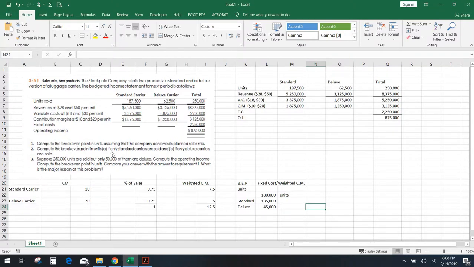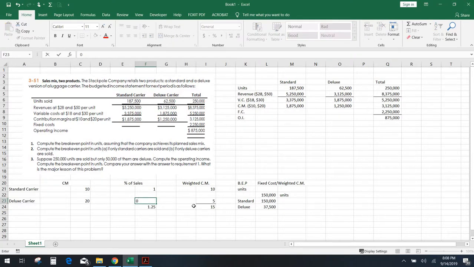It says compute the break-even point if only standard carriers were sold, and if only deluxe carriers were sold. So all we have to do for that is change the percentage of the sales, right? If only standard were sold, that would be 100%. That would equal 1, and this would equal 0.